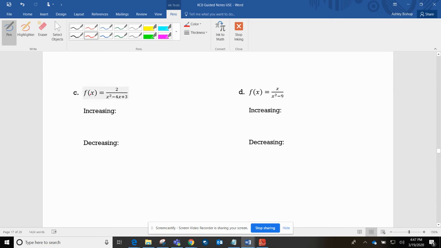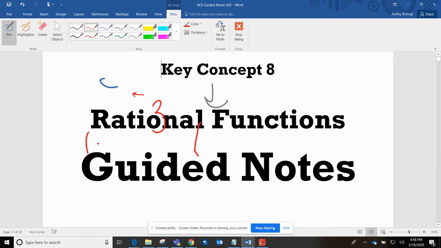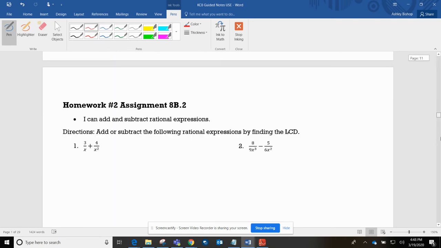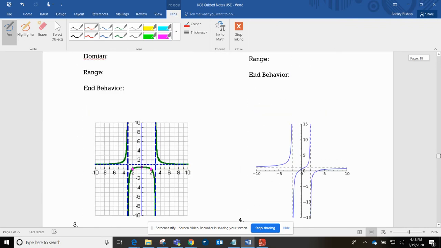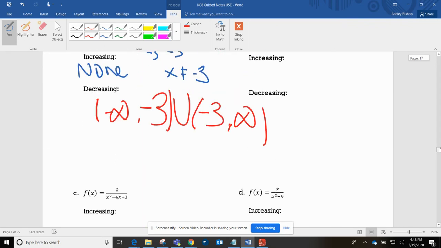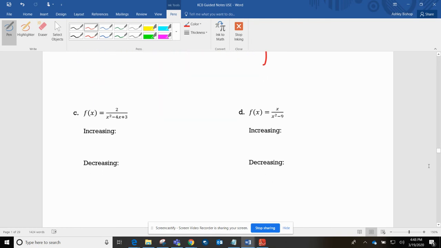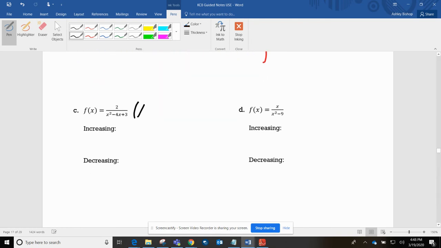So for question C, you may want to factor this denominator to figure out where these asymptotes are going to be, just in case you can't tell from the calculator. And so factoring this denominator, I'm going to get x minus 3 and x minus 1.